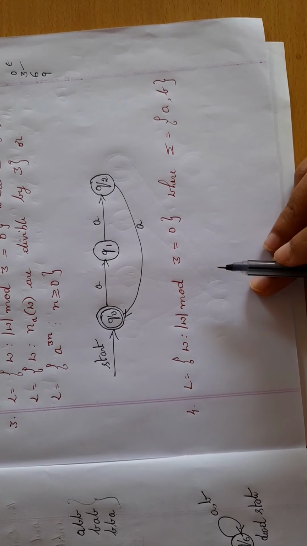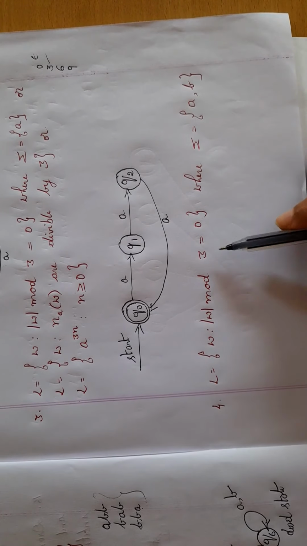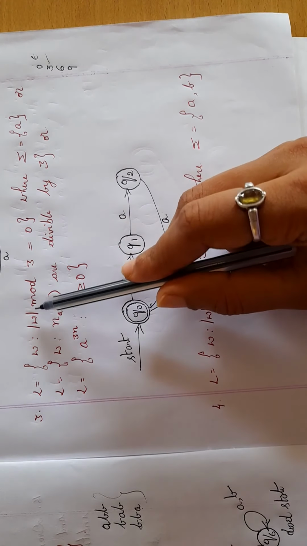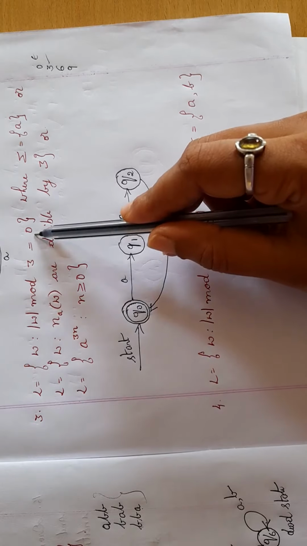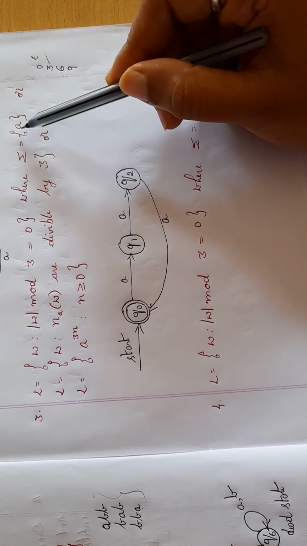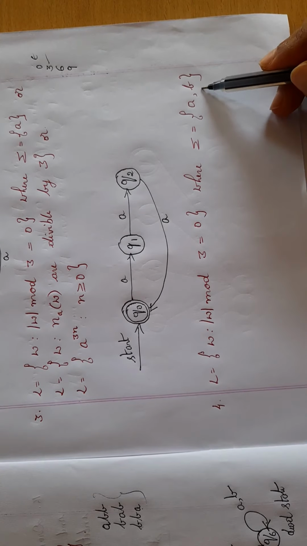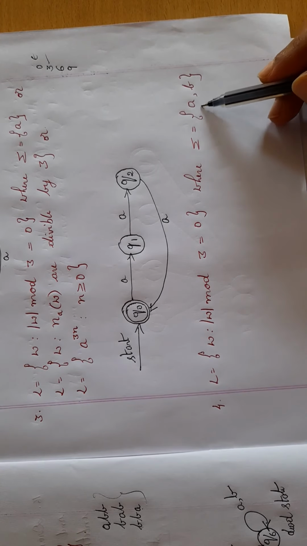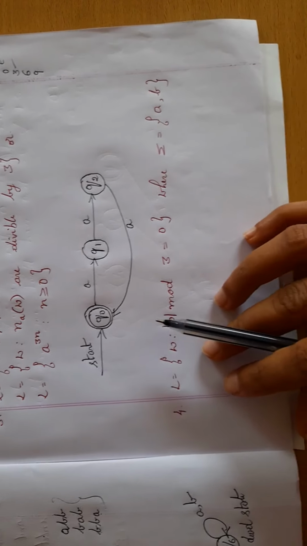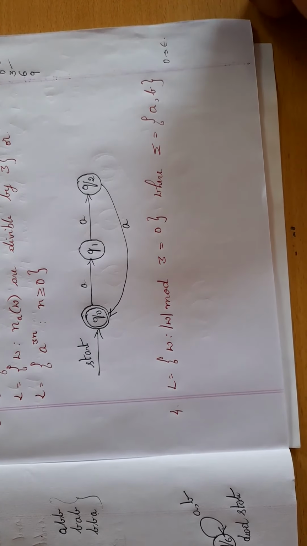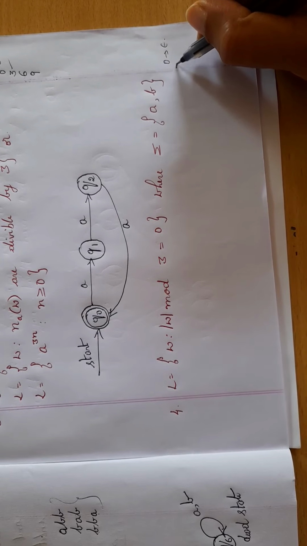What is the difference between this problem and the previous problem? The length of the string mod 3 is equal to 0. Here the alphabet is just A. What about here? Here they have taken A and B, so two different things. Initially it will be 0, that is epsilon. Next it is 3.